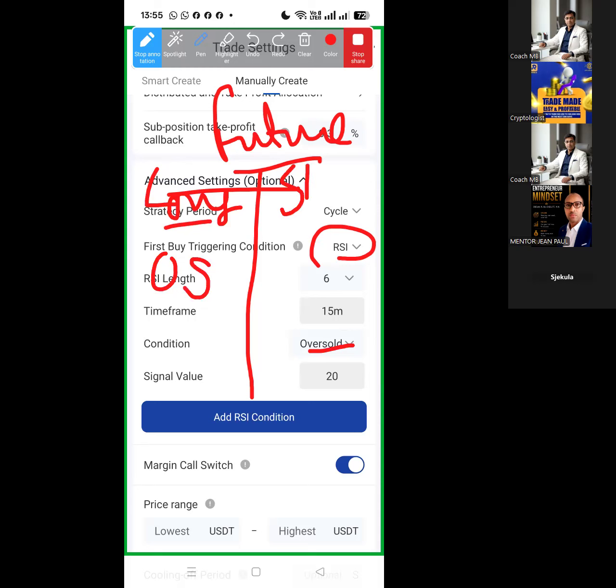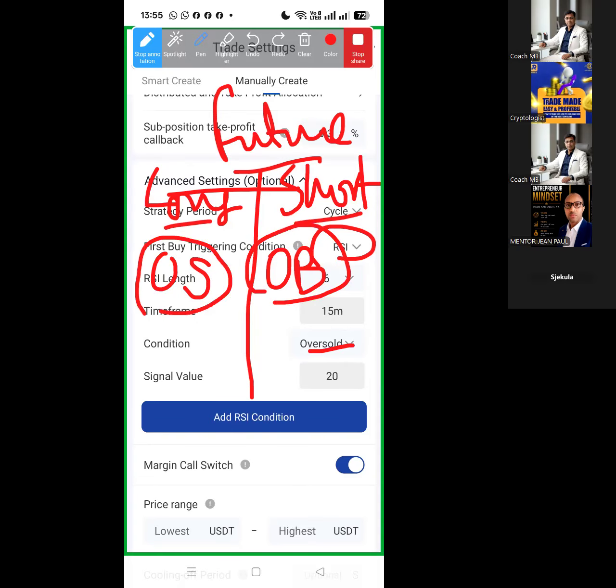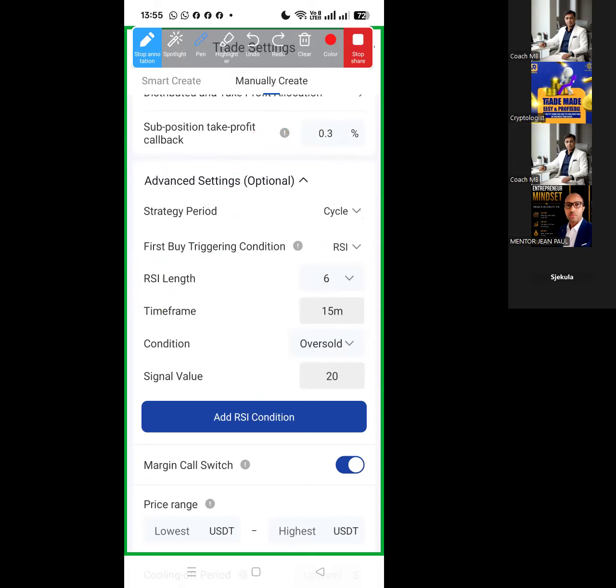Or if you open a short trade, you will see what? You will see an overbought condition here, because you want to sell a coin at the highest price, or you want to buy a coin at the lowest price, that is in the oversold area. So since we have opened this trade in spot market, you will only see an oversold here.